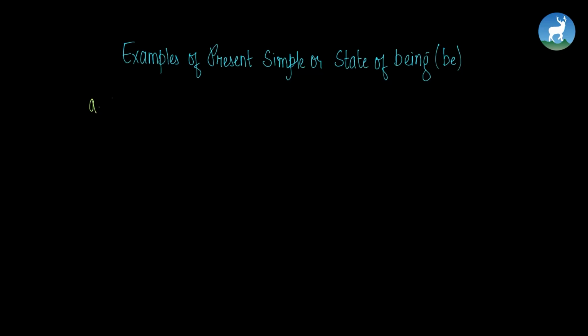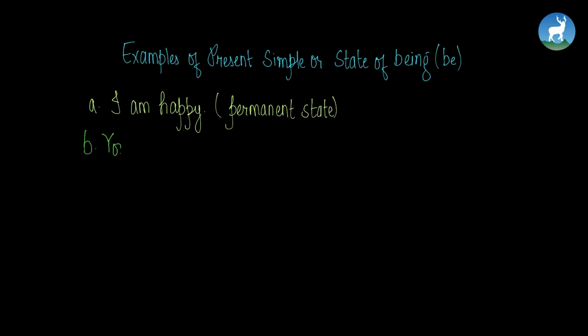So, the first example, I am happy, like we did just a while ago. This expresses a permanent state for the time being, right? Number B, you are a student. So what does this sentence reflect? It explains a fact that you are a student. Another example, she is tired.